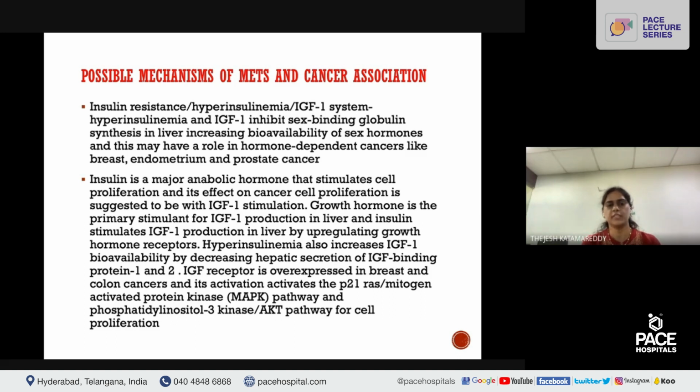Growth hormone is a primary stimulant of IGF-1 production in the liver, and insulin also stimulates IGF production in the liver by upregulating the growth factor receptors. Hyperinsulinemia also increases IGF-1 availability by decreasing hepatic secretion of IGF binding protein 1 and 2. So these are all upregulated in breast cancers and colon cancers.